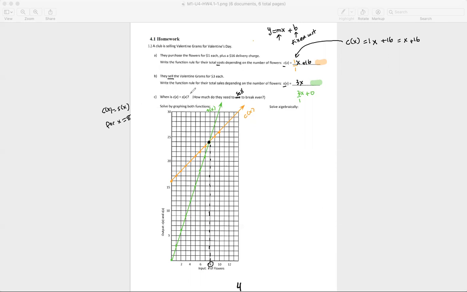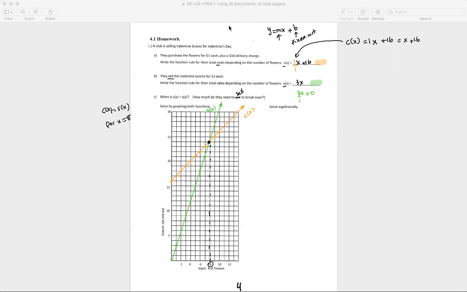That means the cost to purchase 8 flowers is going to be the same as the amount they make for selling, right?